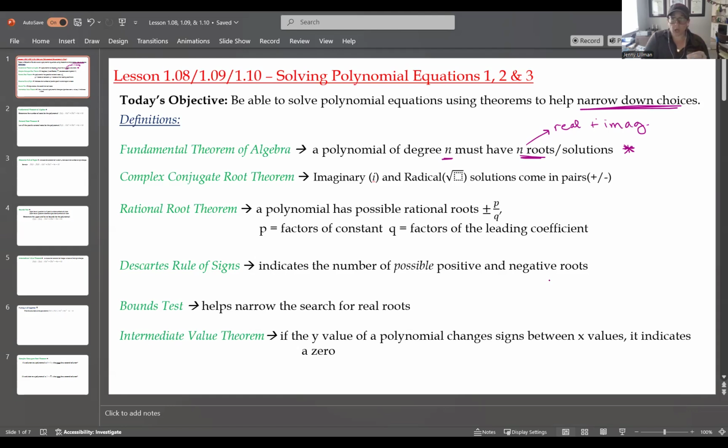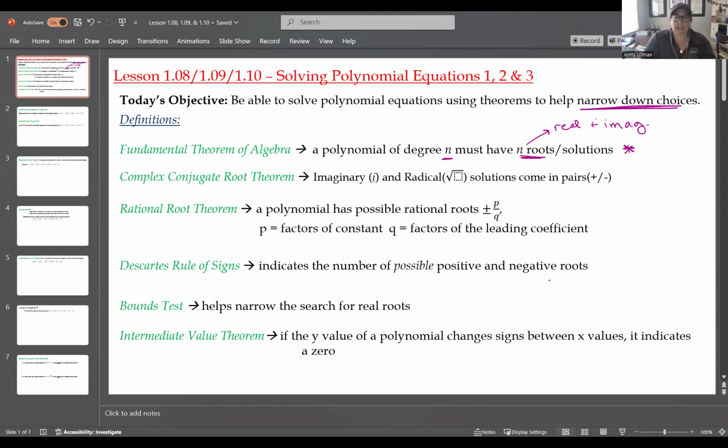Okay, but we know that the total number of solutions, the total number of roots, whenever we finish solving, has to be the same as the degree. So that's a great way just to know, have I finished solving? If you don't have the same number of answers as the degree, that means there's more work to be done.